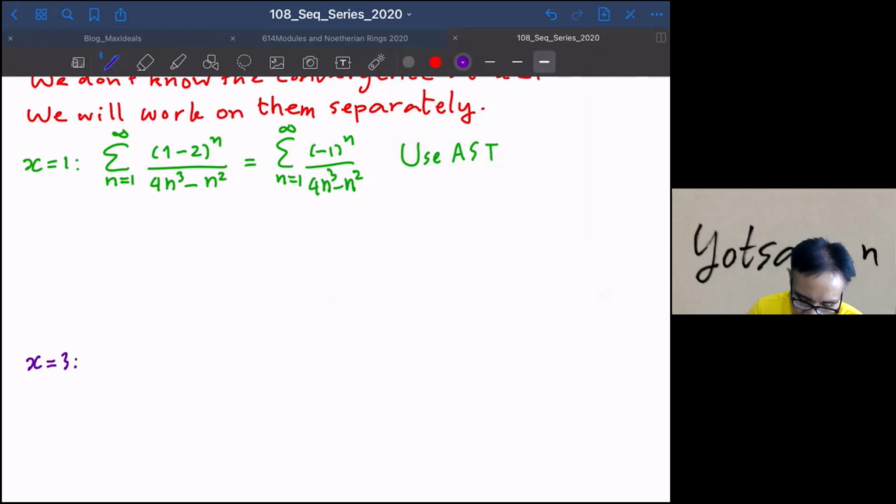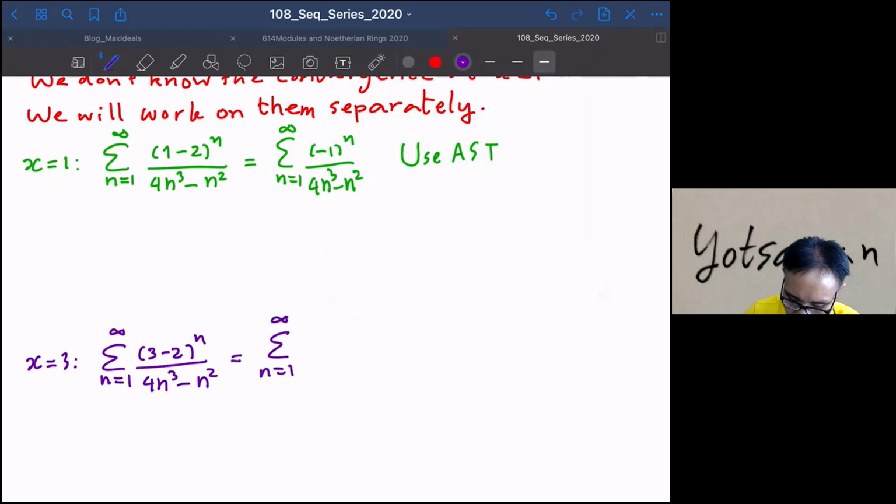For x equal to 3, you're going to have the series n equal to 1 to infinity of (3 minus 2) to the n over 4n to the third minus n squared. And this one turns out to be the series n equal to 1 to infinity of 1 over 4n to the third minus n squared.